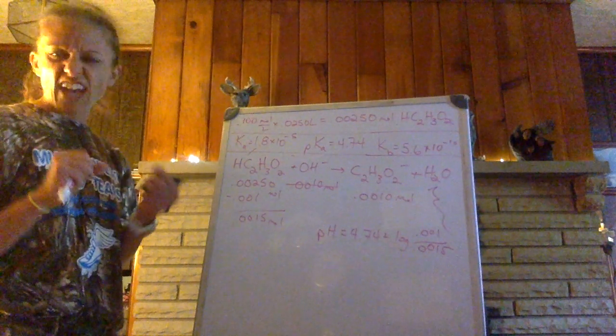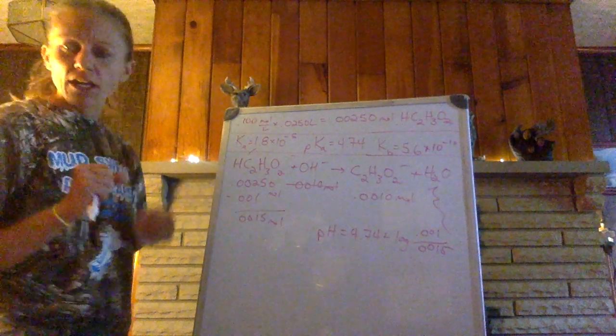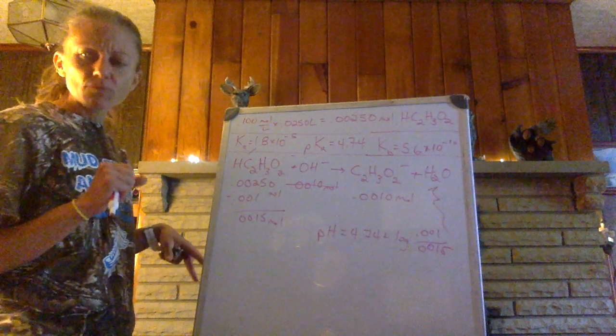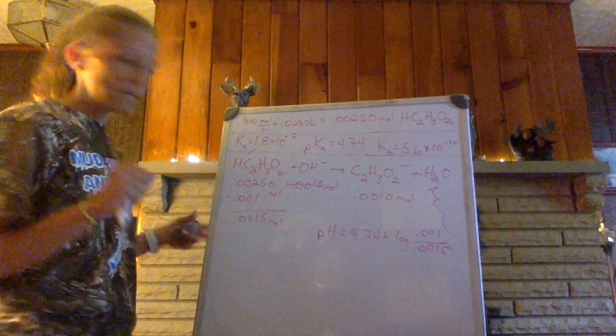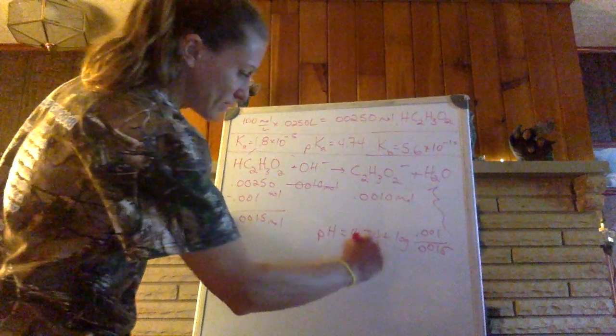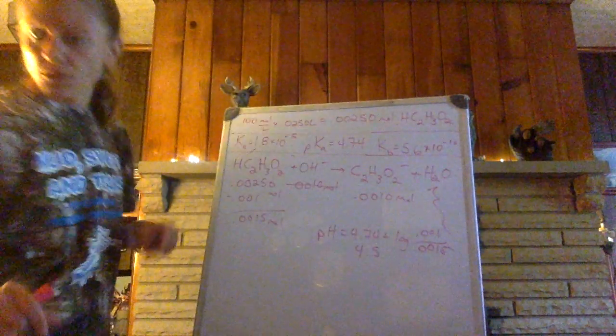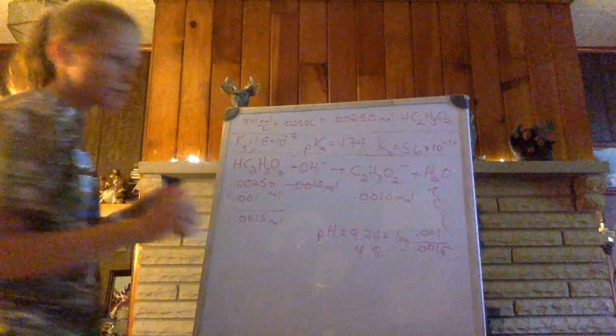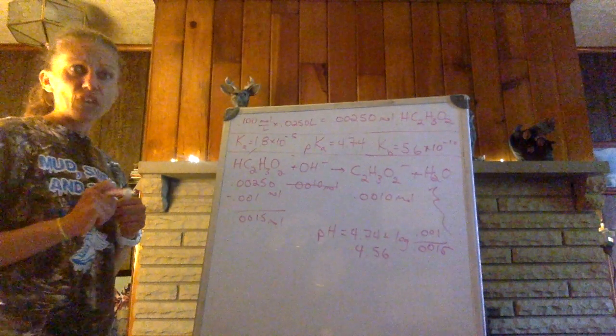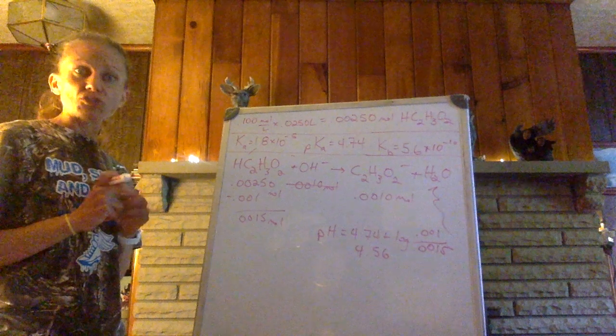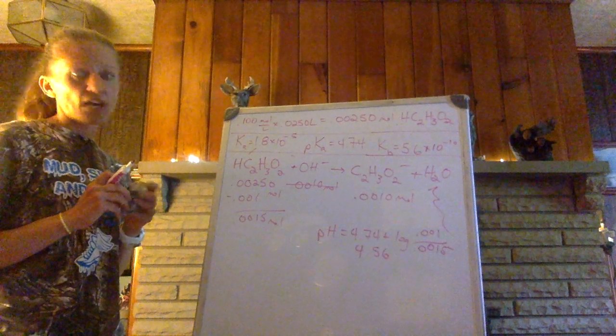I bet I'm not at the half equivalence point yet, I don't even think. So I'm expecting not too much of a difference from my pKa, and I got 4.56. Is it up from where I started? Oh, yes. If I look at my 2.87 to start, I have come up.